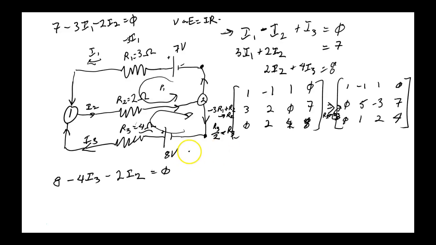So the next entry here will be, we haven't messed with the top rows, so it's 1, -1, 1, and 0. And then we have a 0, 1, 2, 4, and a 0, 5, -3, 7.